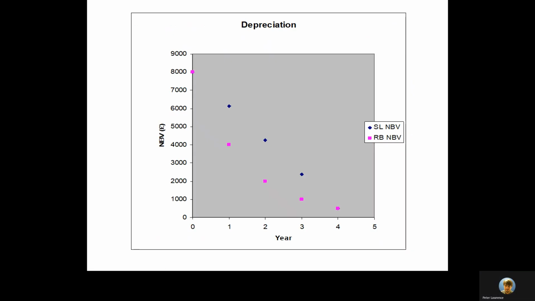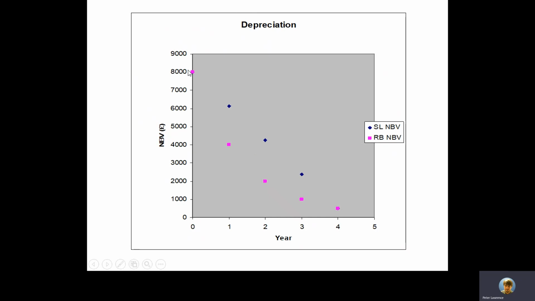As we've calculated it, I've plotted it in a graph, from what looks like 1960, but it was the best I could do. What you can see is that the straight line method is plotted on the graph in a straight line, because the net book value of the asset goes down equally every single year.